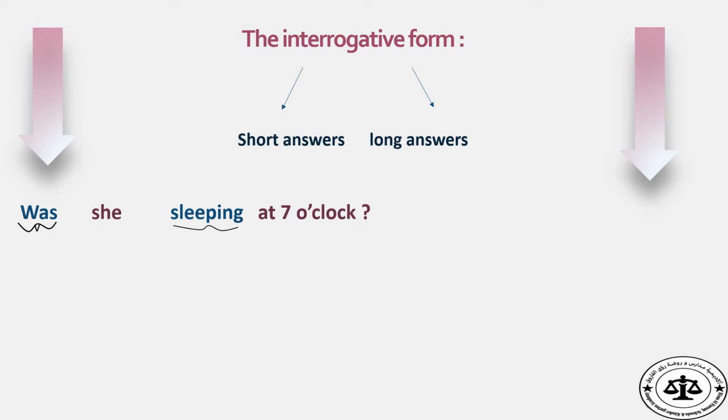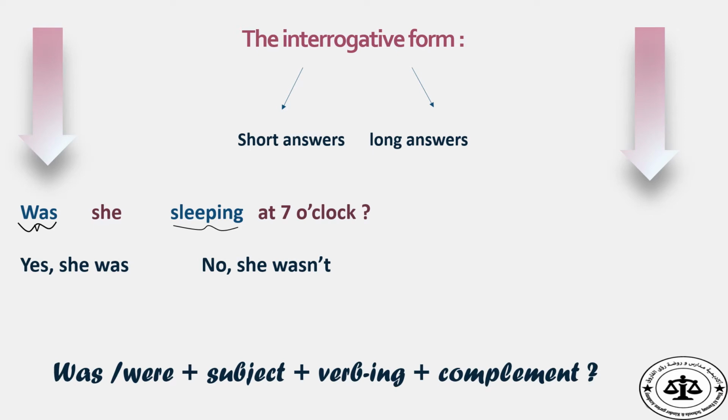The answer can be yes, she was, or no, she wasn't. So, the form of the question is was or were, depending on the subject that we have in the sentence, then the verb ing and complement.